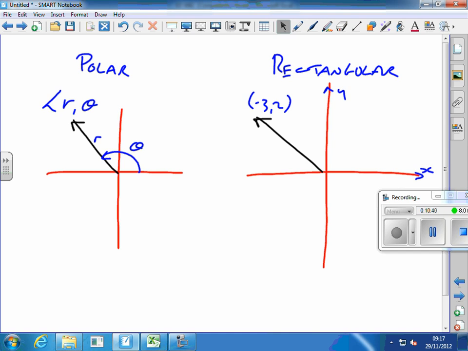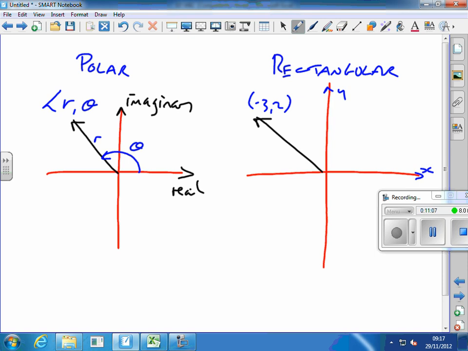So we've got the polar and the rectangular coordinate systems, and we can use those to represent complex numbers, because what we do is we call this axis always the real axis. So the horizontal axis, the x-axis, is called the real axis, and on there we put the real numbers. Up here is the imaginary axis, always. So the vertical axis is always the imaginary axis.